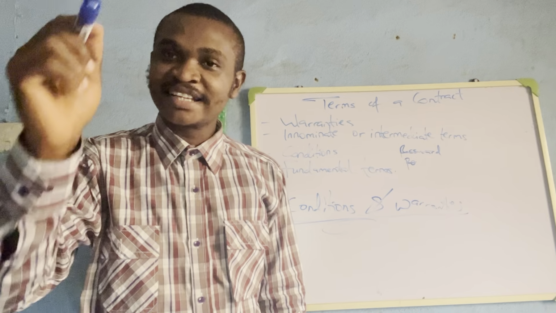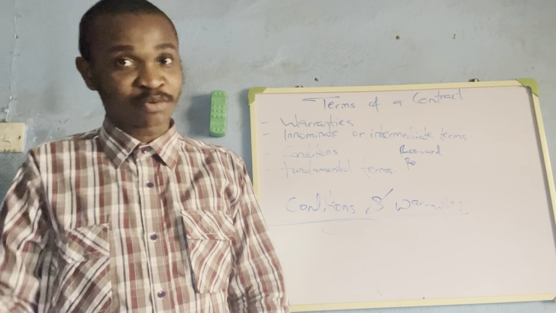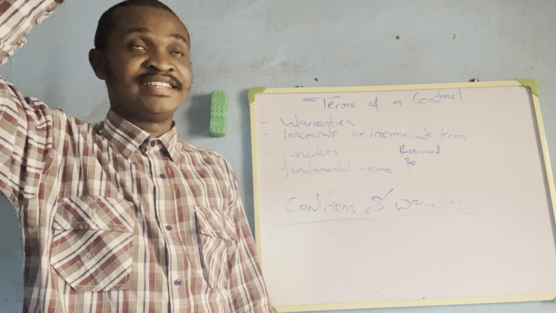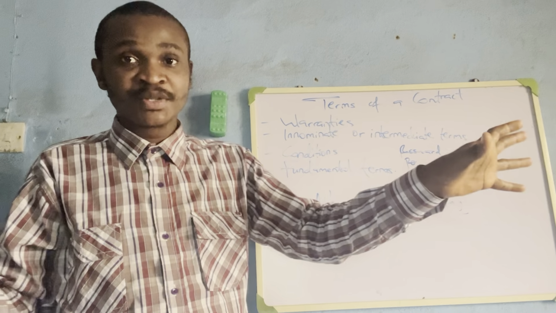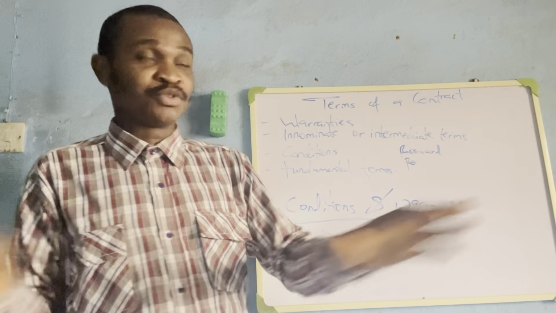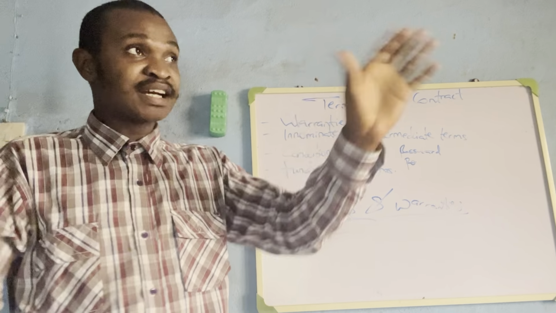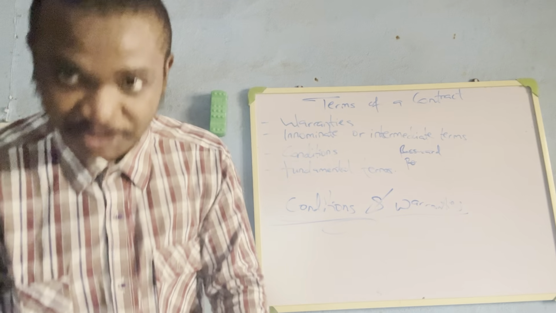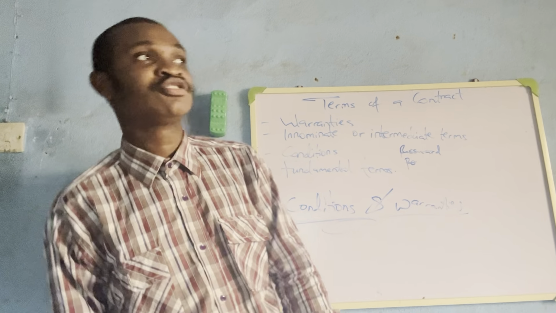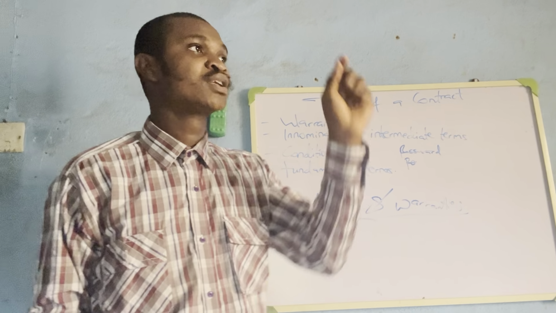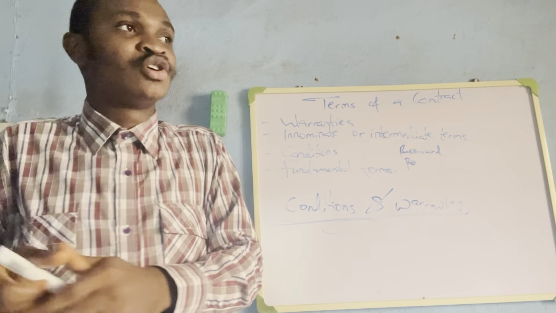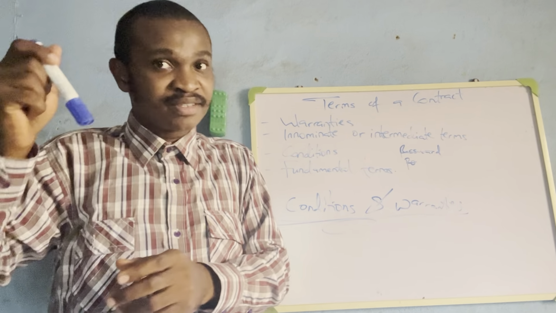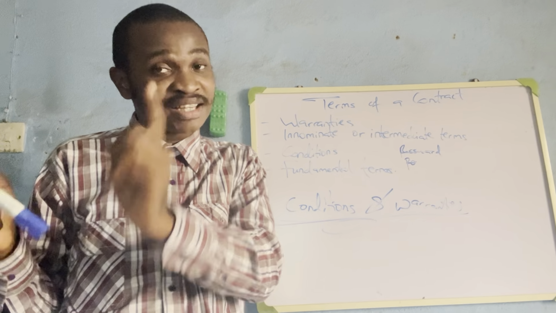Which one has been breached for this tailor that brought it on the morning of Sunday, on the morning of the graduation? The contract for the two of them, these are two different people with two different tailors, the contract was the same. Bring it on Saturday, because our graduation is on Sunday. One brought his own on the morning of Sunday, not Saturday. On the morning of Sunday, he has breached a term of the contract.